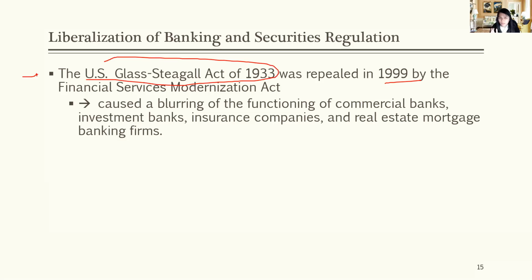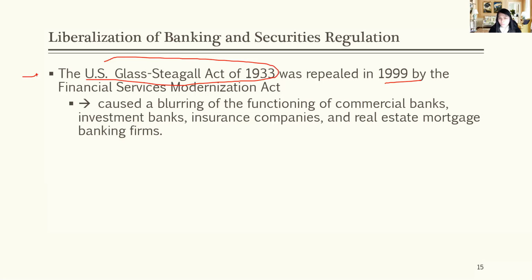You can't get involved in securities or brokerage or financial advising, so on and so forth. So before this act was repealed, it was very clear, if you're a commercial bank, you can only do commercial bank. If you're an investment bank, you can only do investment bank, so on and so forth.